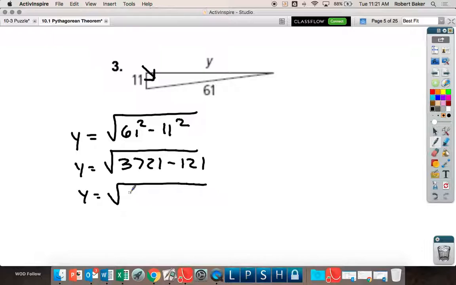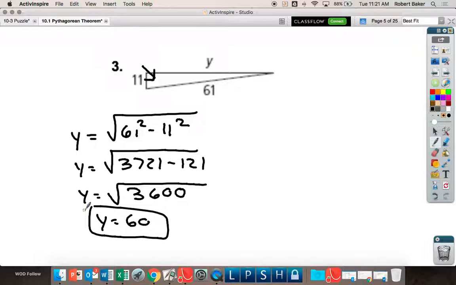I remember my first time reading a number out loud. 3,600. So the square root of 3,600, 60. Y equals 60. Yay, nice number.